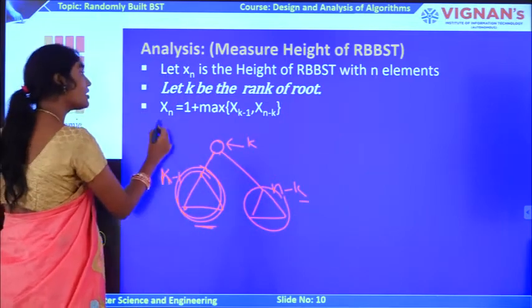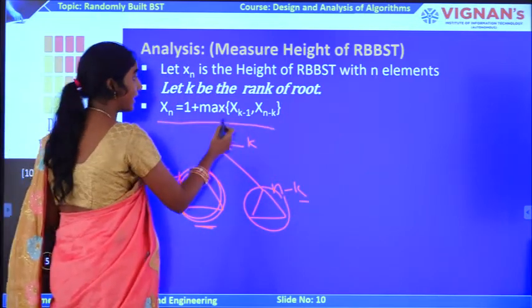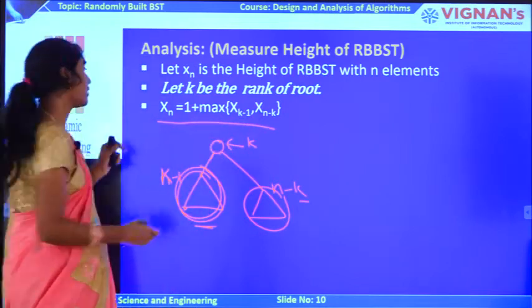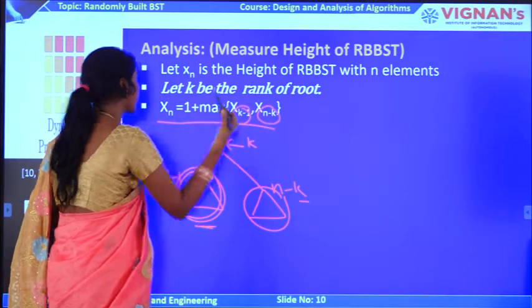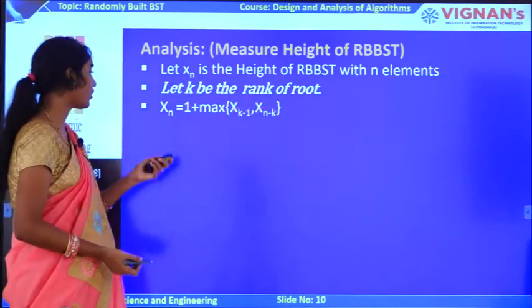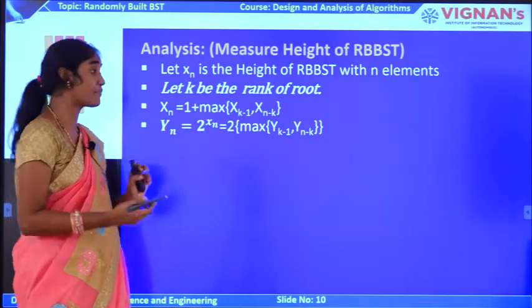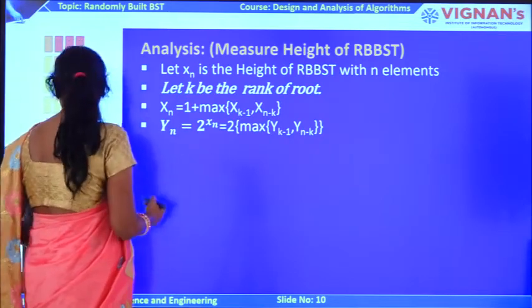That is why Xn is equal to 1 plus the maximum of X(k minus 1) comma X(n minus k), where k is the rank of the root node.